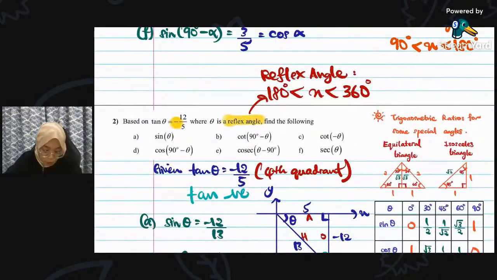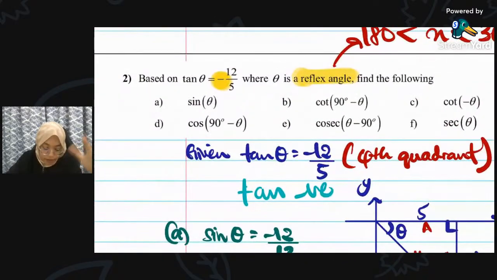So, question number 2. Okay, now yang ini saya rasa lebih ramai yang nak tahulah pasal yang ini sebabnya ini mempunyai negative value, you know.